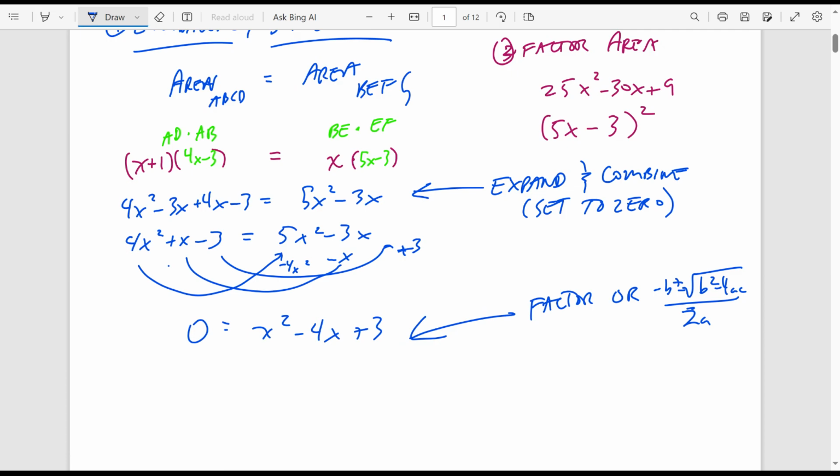So now we just factor. It shouldn't be hard to figure out two numbers that add together to get -4 and multiply together to get +3. It's -1 and -3. And because a is 1, my answer is just x minus 1, x minus 3.